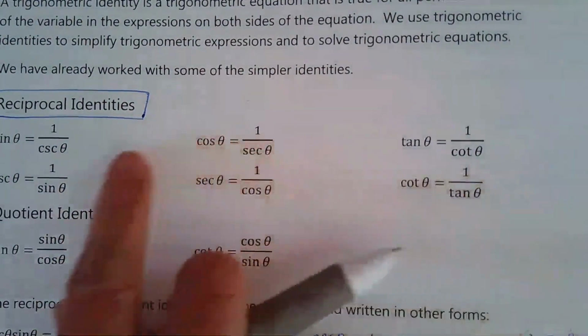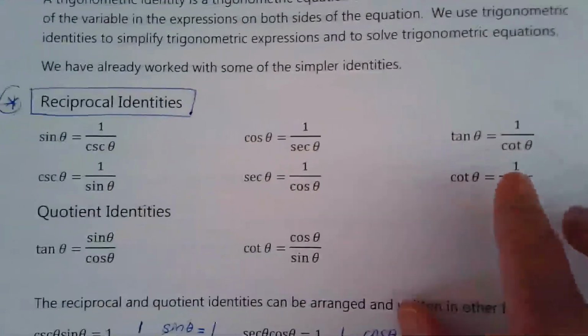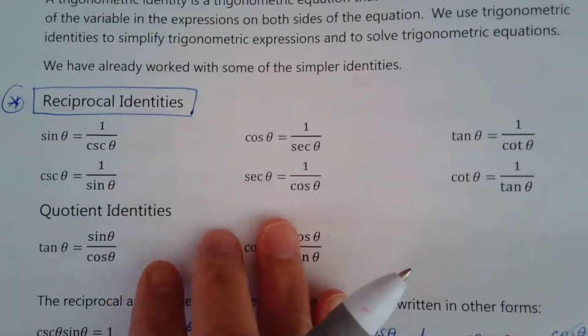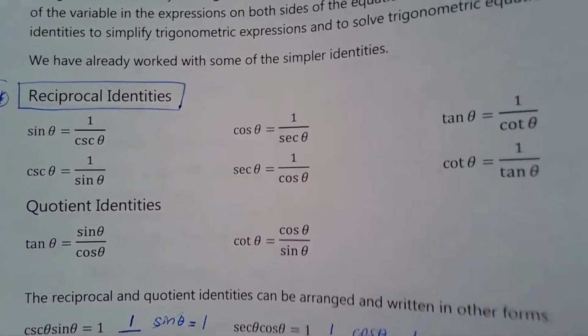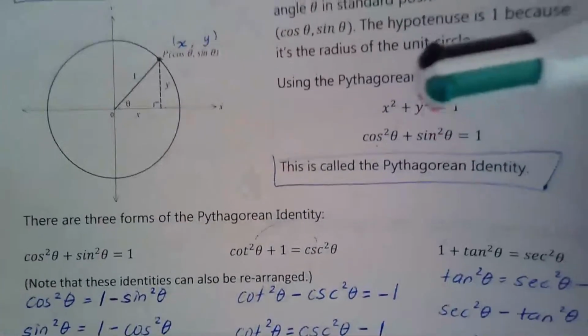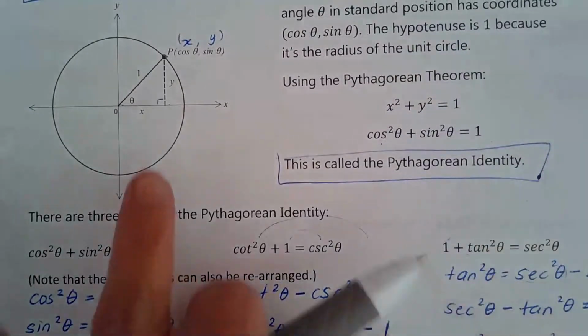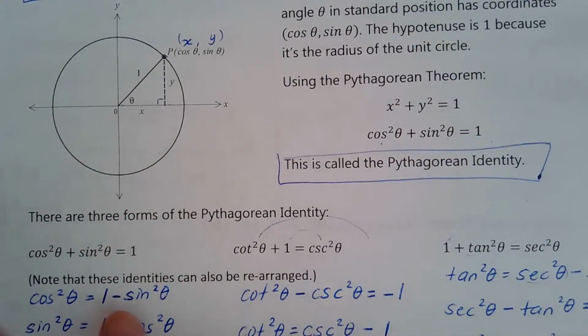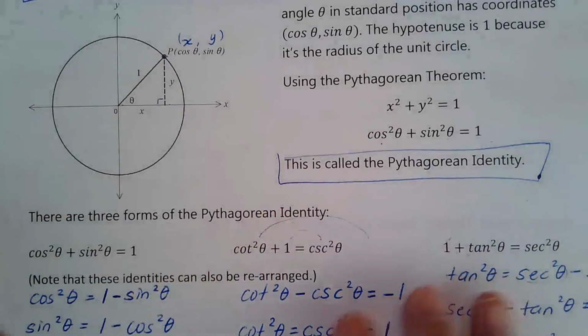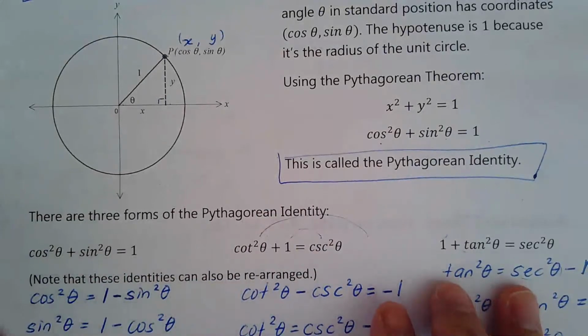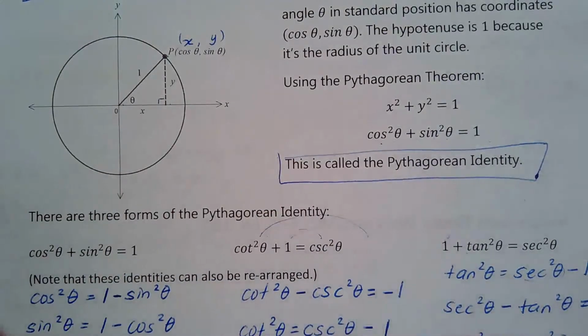We're already familiar with this one because we already talked about it in chapter 6. So that's a good one. And then we talked about the Pythagorean trig identities. We are probably not going to do this one right now. This is a good introduction. We will use this information when we do the trig identities.